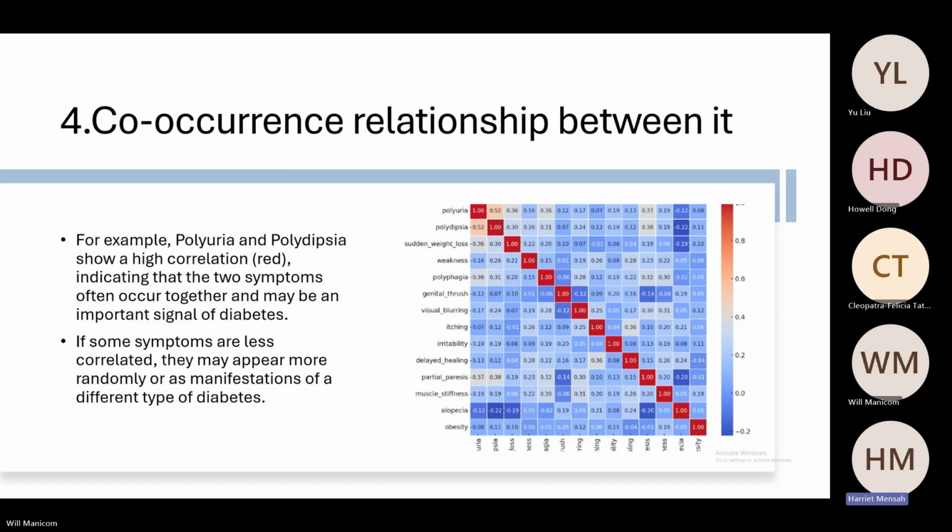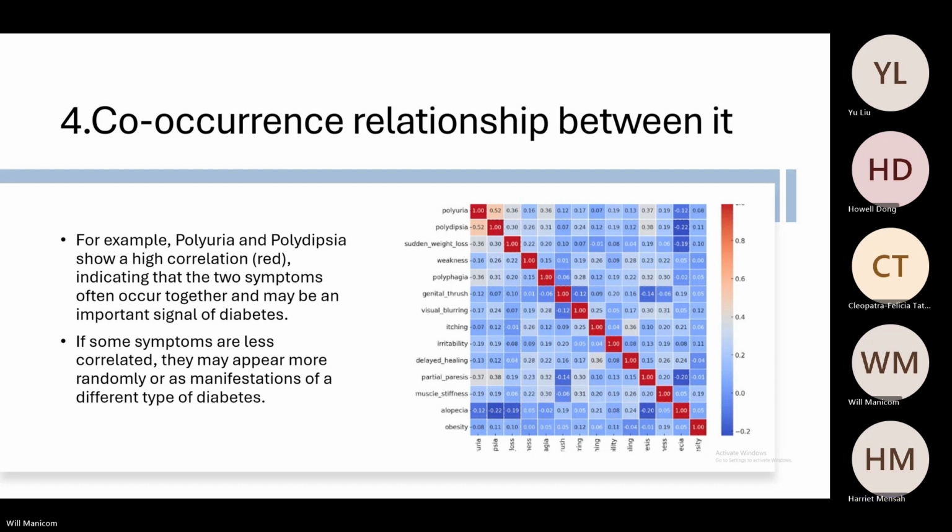Same as blue near -1 indicates a negative correlation, which shows that two symptoms rarely occur at the same time. And lastly, close to 0 indicates no significant relationship.